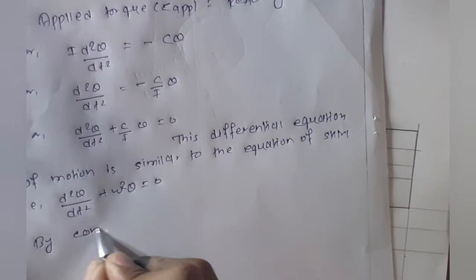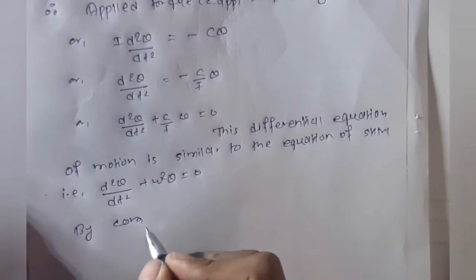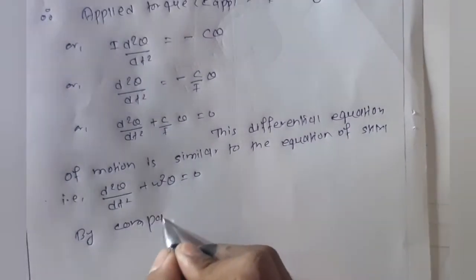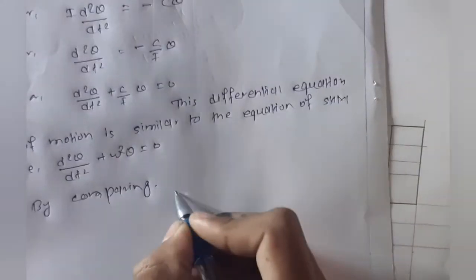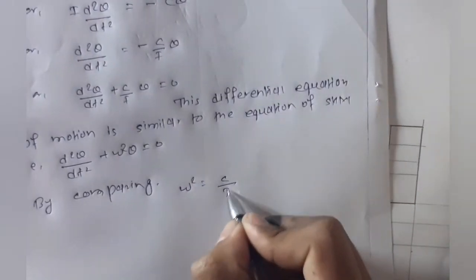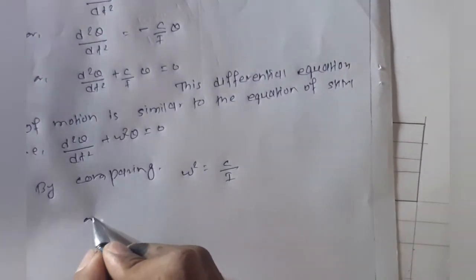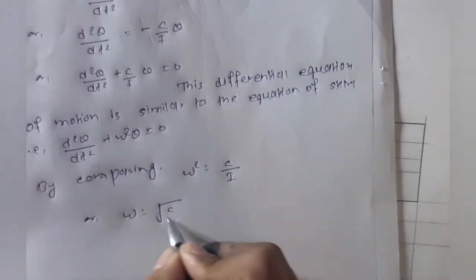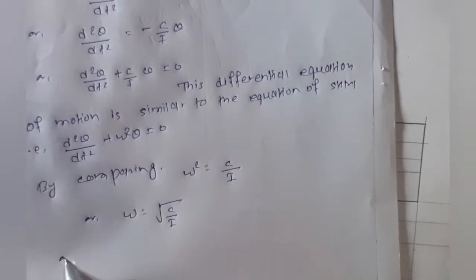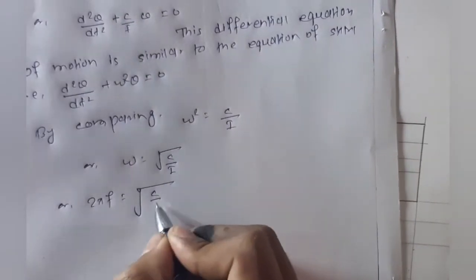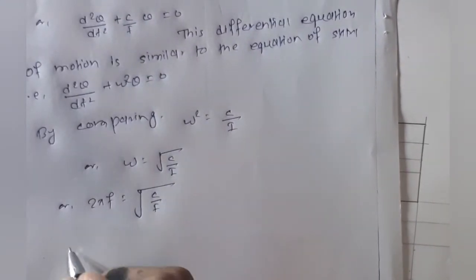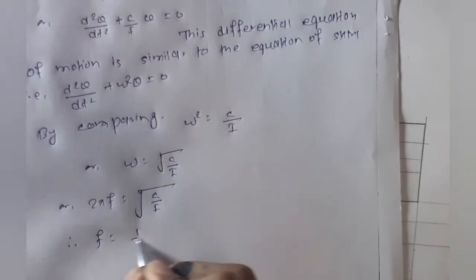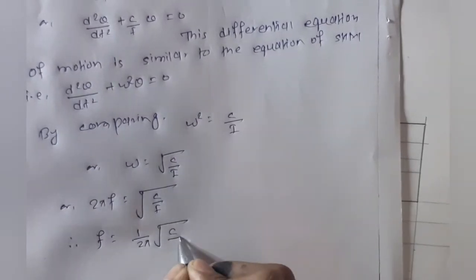By comparing, we get omega square is equal to c by I, or omega is equal to root under c by I. We know omega is 2 pi f, so 2 pi f is equal to root under c by I. Therefore f is equal to 1 by 2 pi root under c by I.